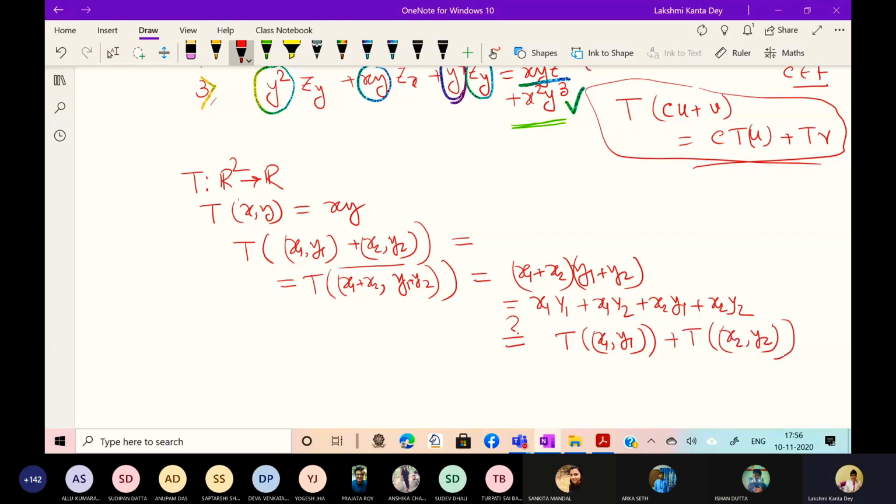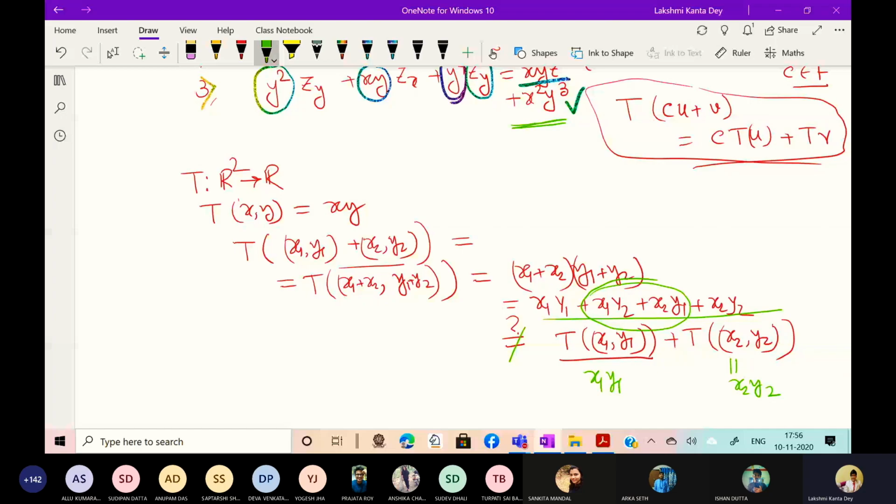By definition T of (x1, y1) is x1 y1, and T of (x2, y2) is x2 y2. But you see, in the left hand side, these two terms are additional. So can you say that this can be written like that? No, it is not.